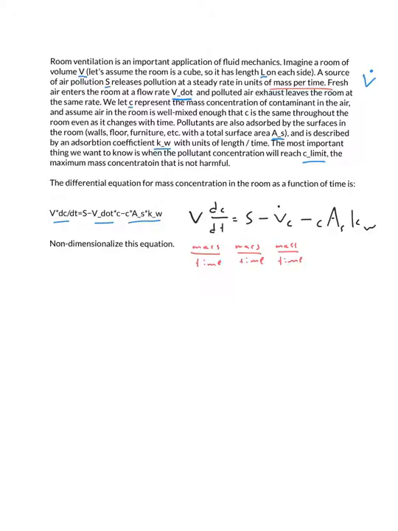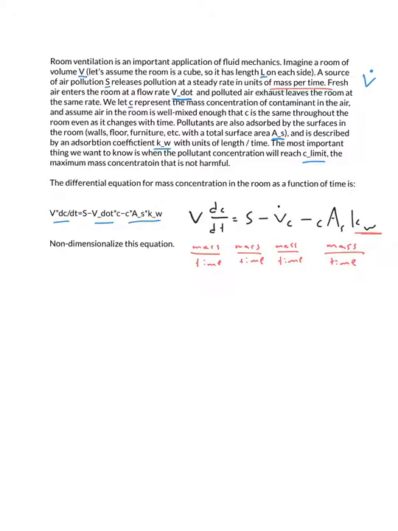And then C times A sub S, so that'll be mass per length cubed times length squared, that's mass per length, times length per time, which was the K sub W units, and we get mass per time.